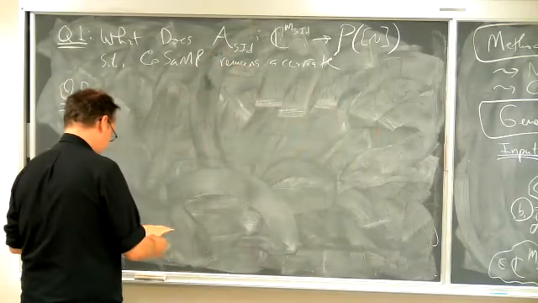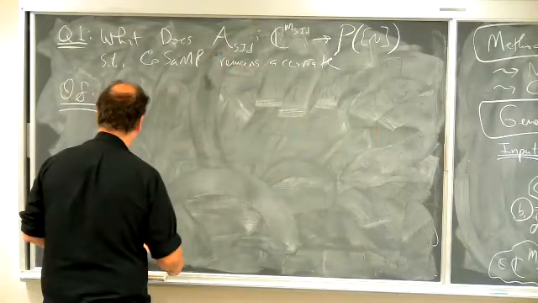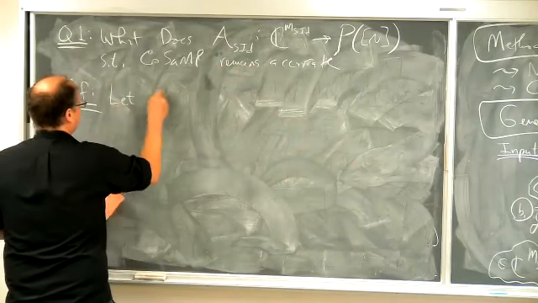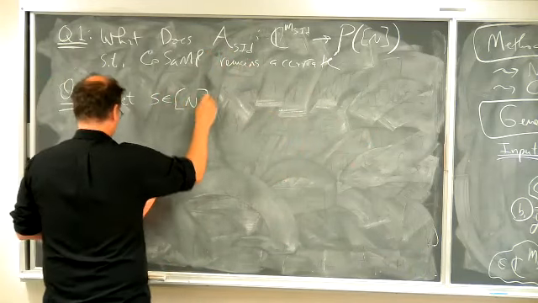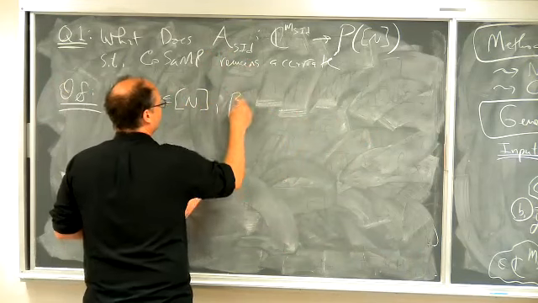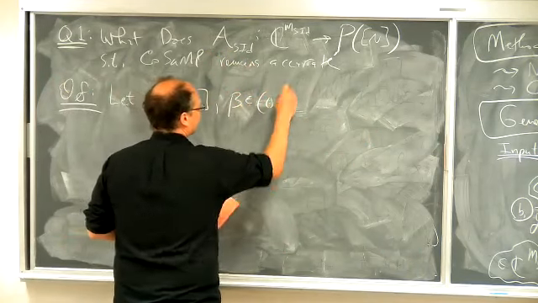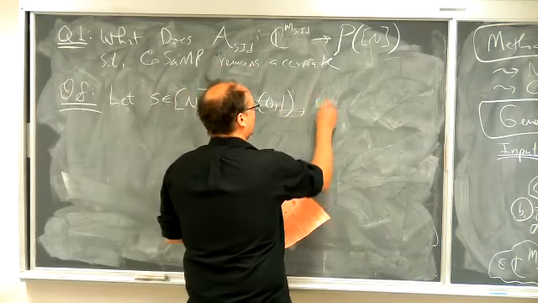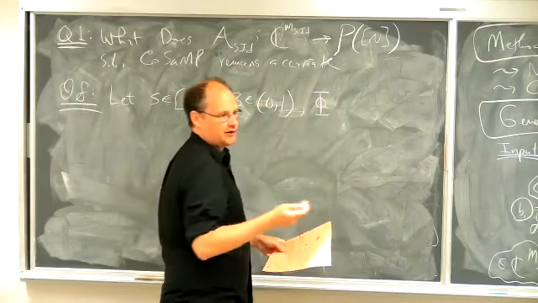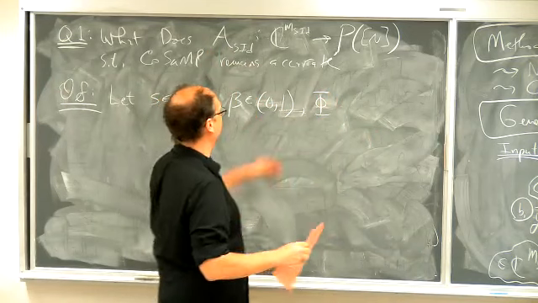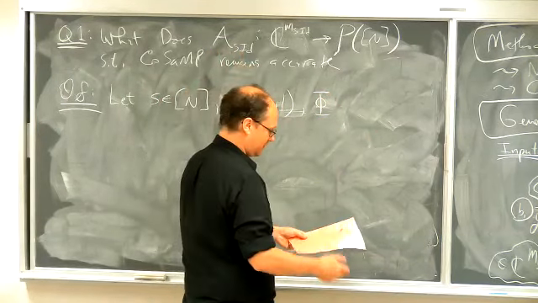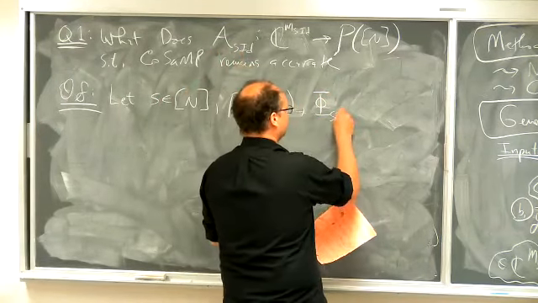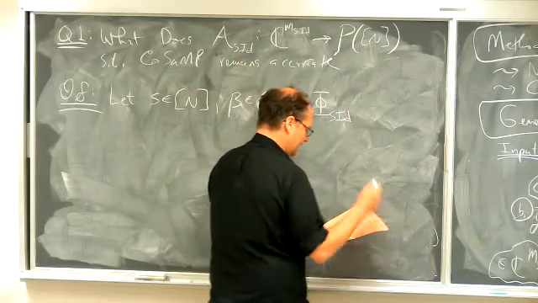Okay, so we choose our sparsity S, and I'm going to choose another parameter beta that we'll see in a second. I have to talk about the measurements I'm going to feed into this, so I have to talk about this matrix as well.